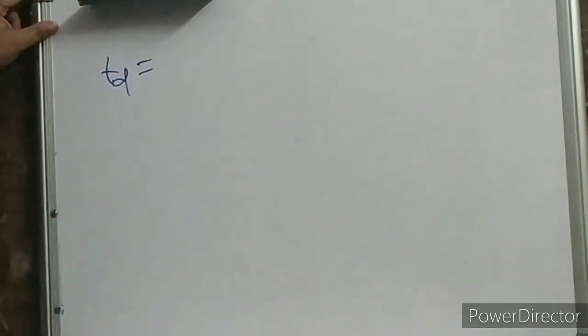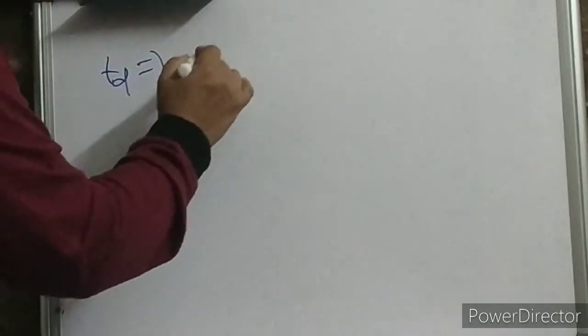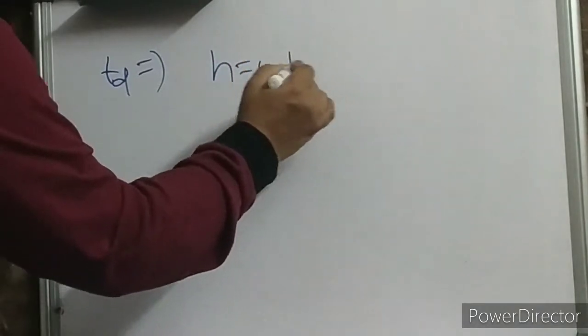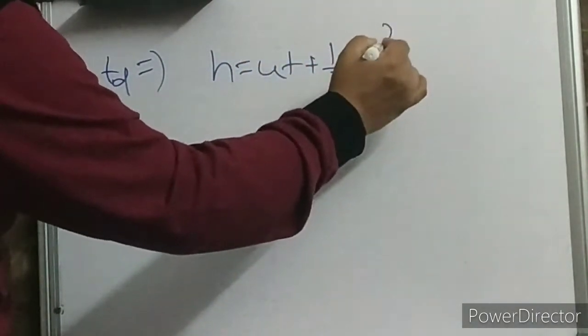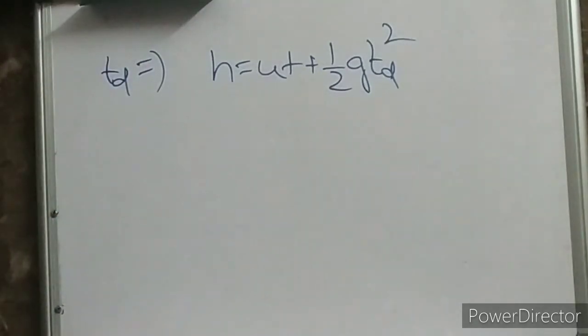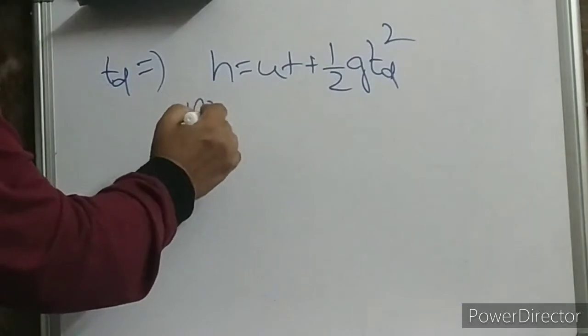Because here now you know H. So simple: H is equal to UT plus half G TD square. H you know, 122.5.